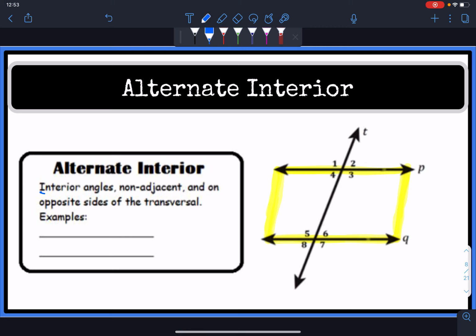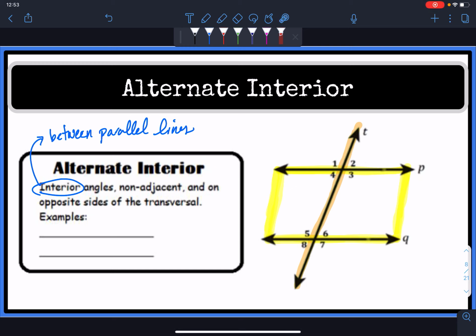So let's start by understanding interior. That means between the parallel lines. And the alternate part of it refers to being on the opposite sides of this transversal.